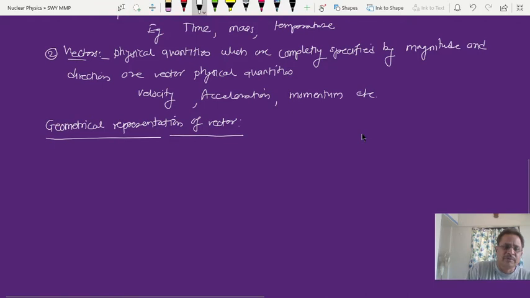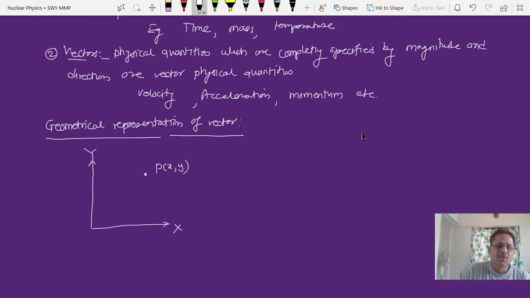Now this is very simple. Draw a two-dimensional space here. There are two axes: I am calling this the x-axis, this is going to be y, and let this point P be represented by the coordinates x and y. This is the origin, 0, 0.